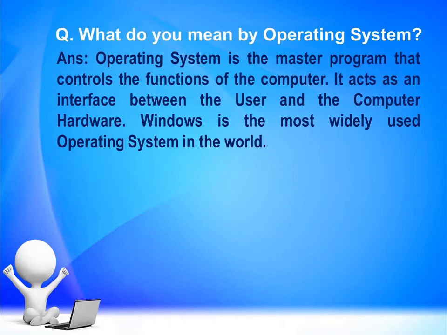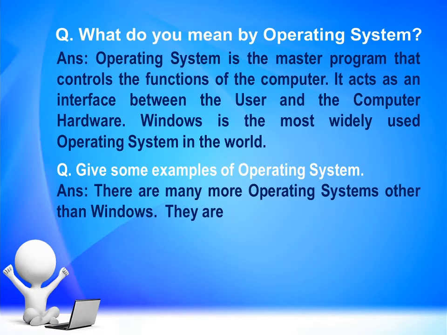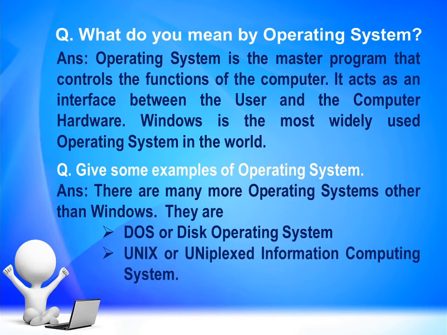Now, next question is, give some examples of operating system. There are many more operating systems other than Windows. They are DOS or Disk Operating System, Unix or Uniplexed Information Computing System.